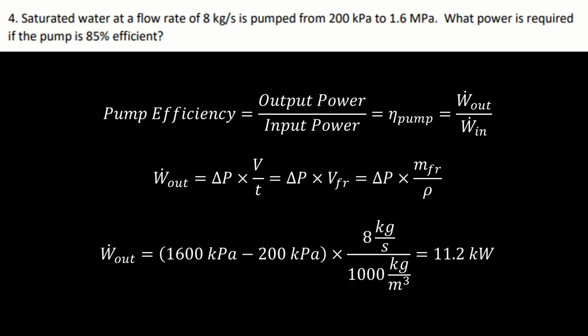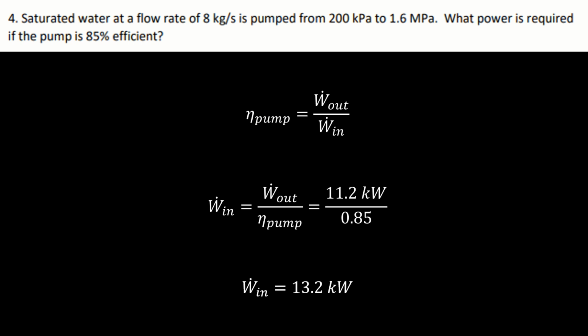Therefore, the output power becomes 11.2 kilowatts. Just be careful. If you're solving for the output power with these units, kilopascals and cubic meters per second, you're going to end up with kilowatts specifically.